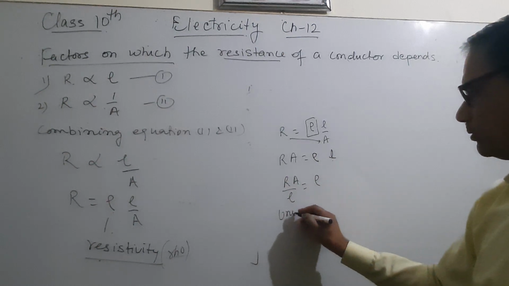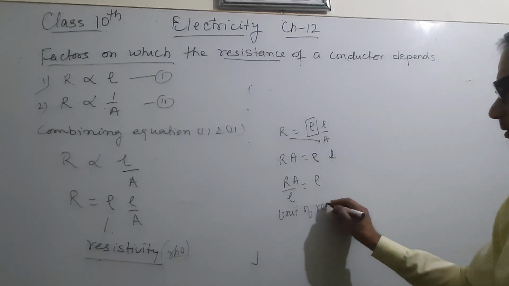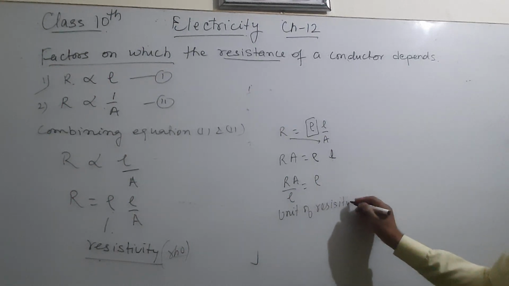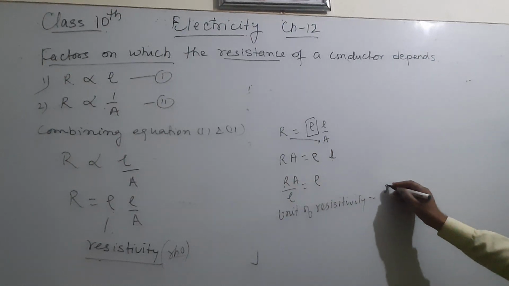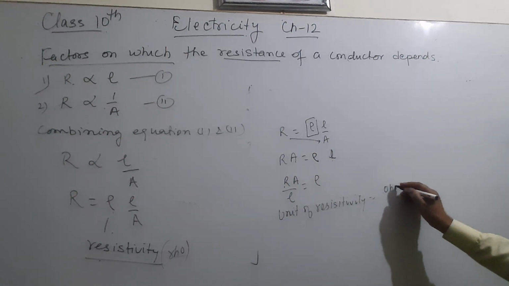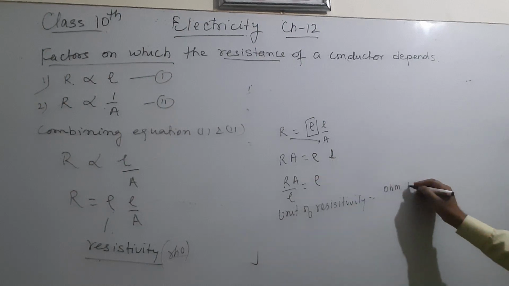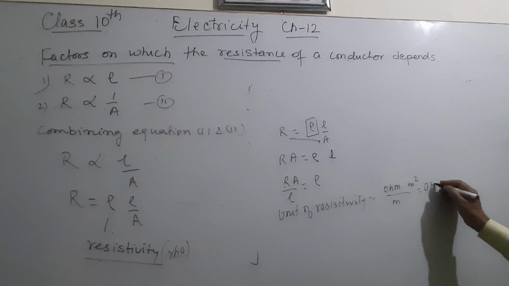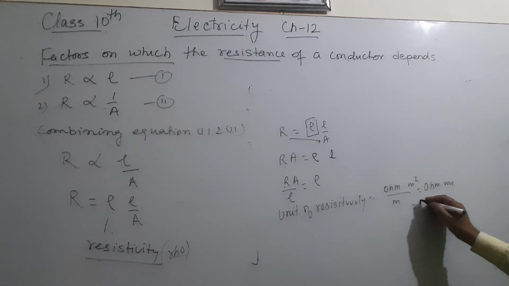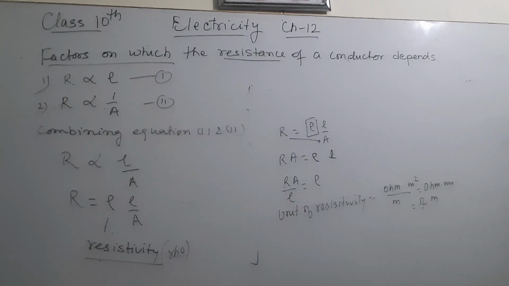So the unit of rho, the unit of resistivity, is: R is the resistance, ohm, area meter square, upon meter, which gives ohm meter, omega m. And now listen carefully.